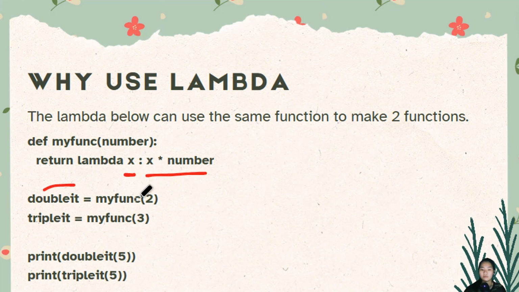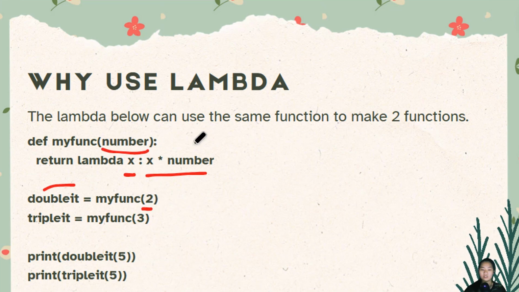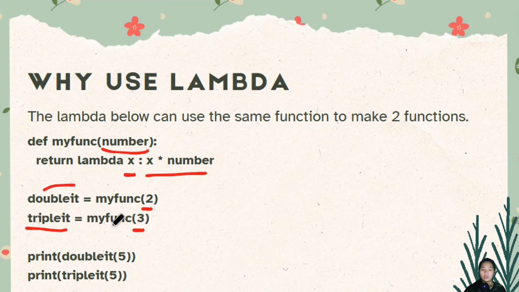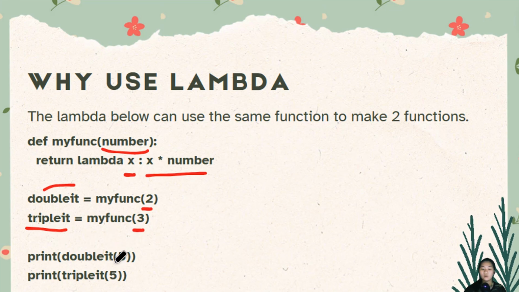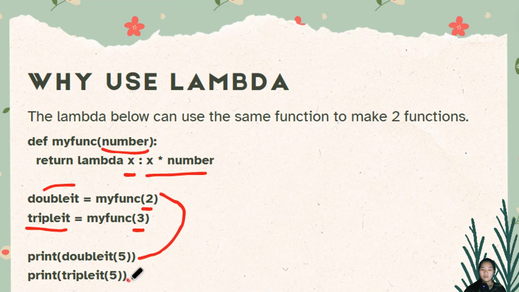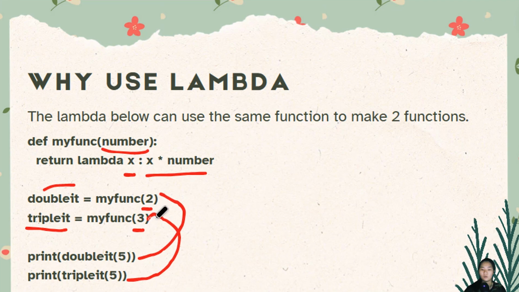My func 2 is a reference to this argument over here. And then triple it is the same thing, but with number 3 instead of 2. And when you print it, calling the variable name and passing in the argument 5, times 2, 5 times 3, or whatever it needs to do according to this expression over here, okay?